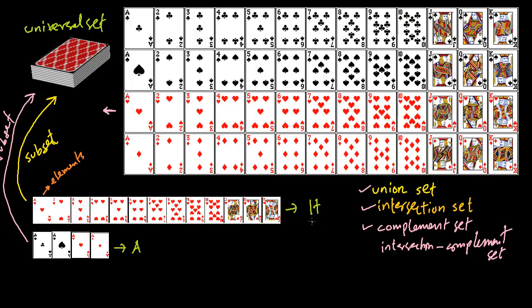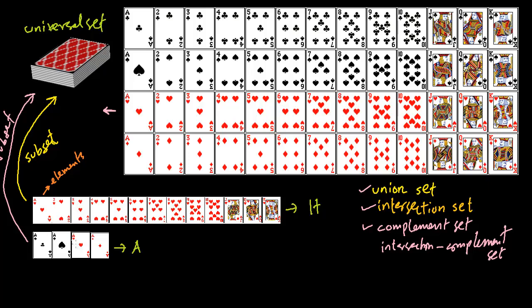For example, if you want to find the intersection complement set of hearts and aces, that means from hearts remove the aces. Whatever is left behind would be the intersection complement set.